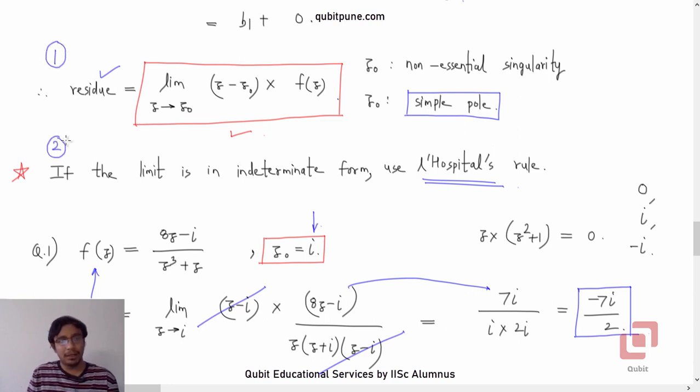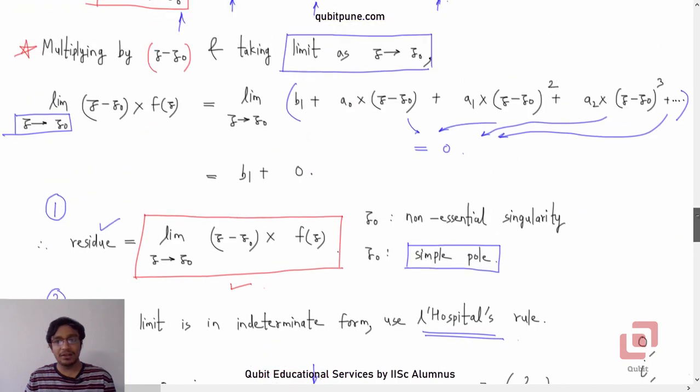If the limit is such that if you substitute z equal to z naught in that function, you're getting an indeterminate form or 0 by 0 form, usually then use the L'Hospital's rule. So we now have everything.